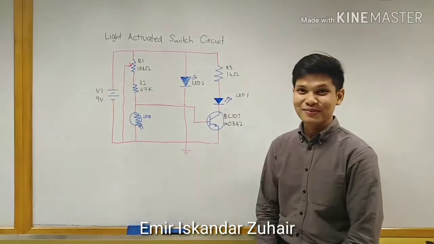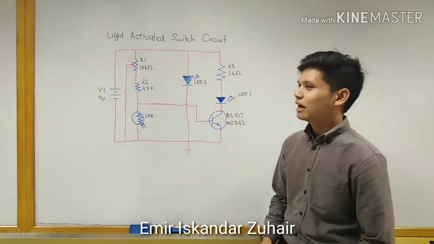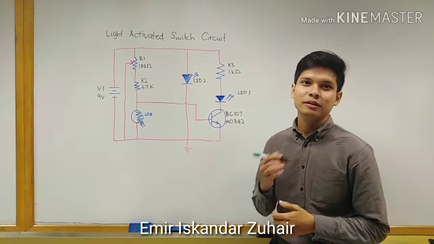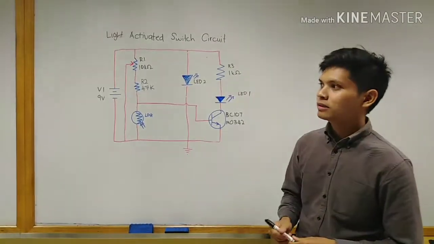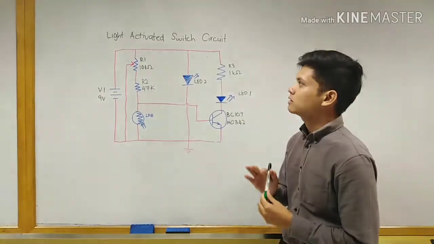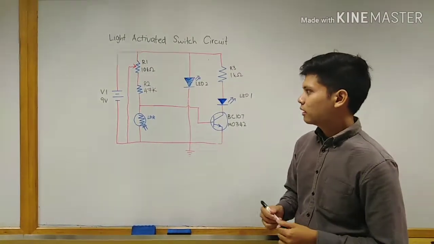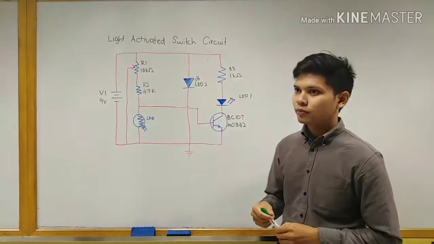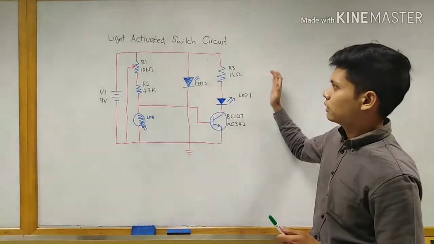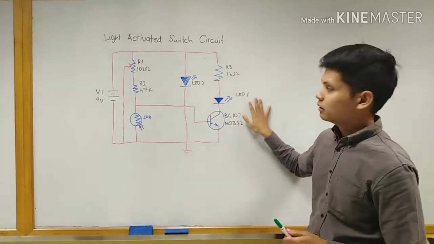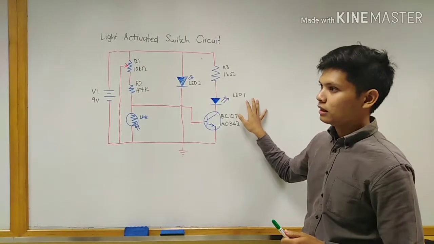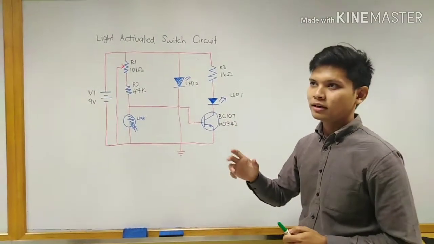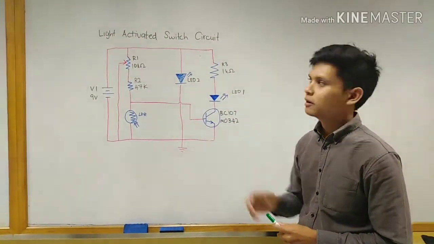Hi, I'm Emir. I will be explaining how our circuit works. Our circuit is called the light activated switch circuit. I will tell you how LED one will be on during the night and off during the day.